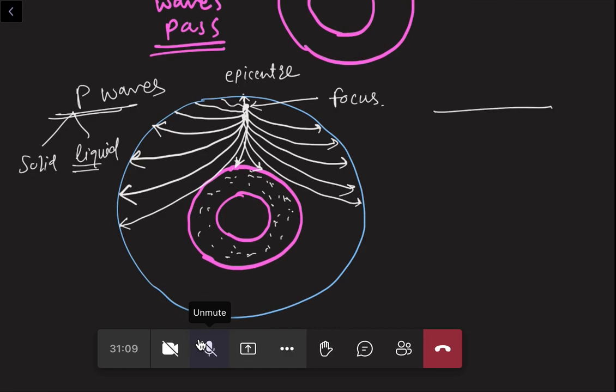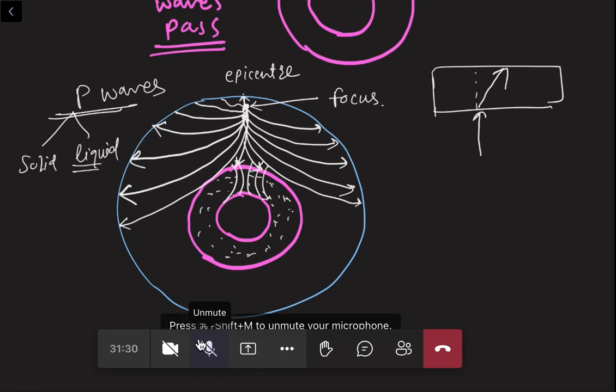Whenever a light ray passes through a prism, it will not go in a straight line, it will deflect, it will bend. Similarly, whenever these P waves are passing through this liquid, they bend like this.